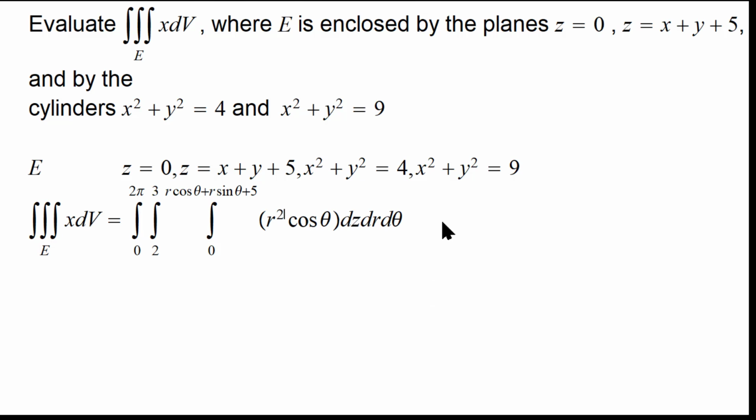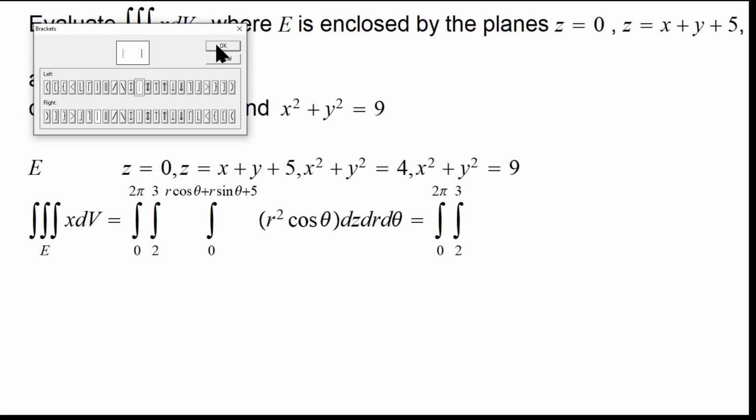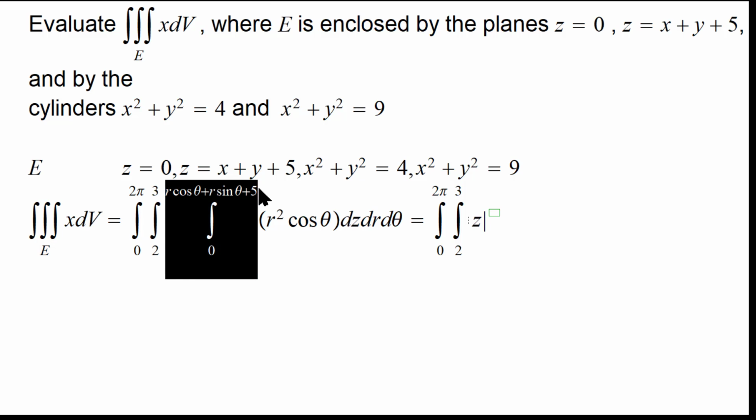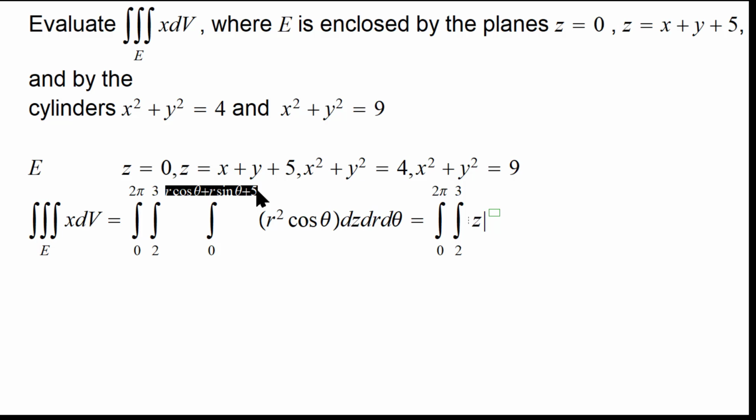Okay, so when we do that, what shall we get? Here we are, the first two integrals, and the integral of dz will be z only. So what we have is z with an upper limit of this, and a lower limit of 0, right?